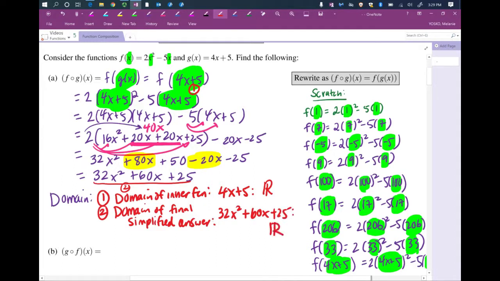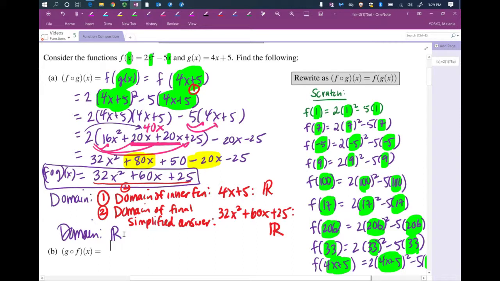Well, that also has domain all real numbers. So the domain of our composition, this guy right here, is all real numbers. We'll get to some that are more exciting, and then it'll be more fun to do. Okay, so let's do g composed with f of x.